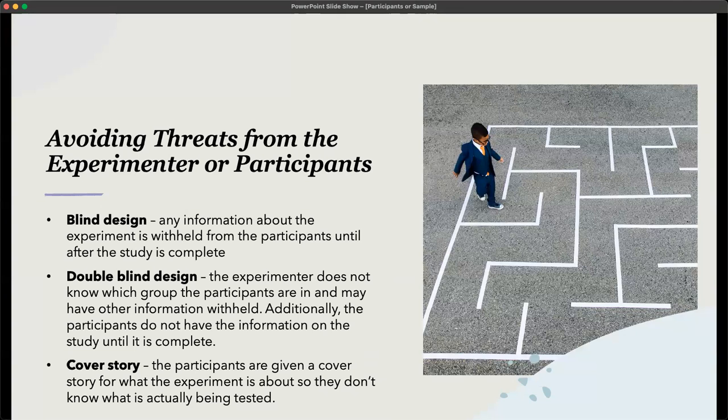And so that information is withheld from the experimenter. And additionally, the participants do not have the information on the study until it's complete. The third way to do this is a cover story. The participants are given a cover story for what the experiment is about, so they don't know what is actually being tested.